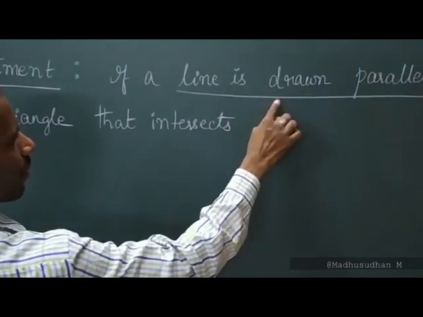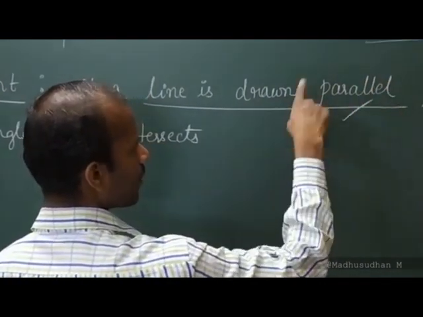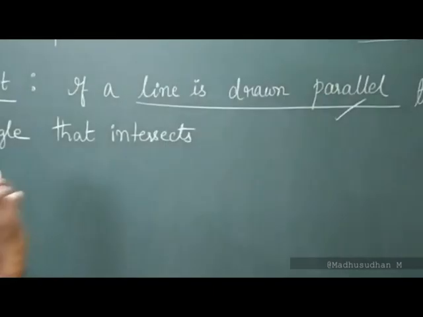If a line is drawn parallel, parallel to which side? Any one side of the triangle, right?